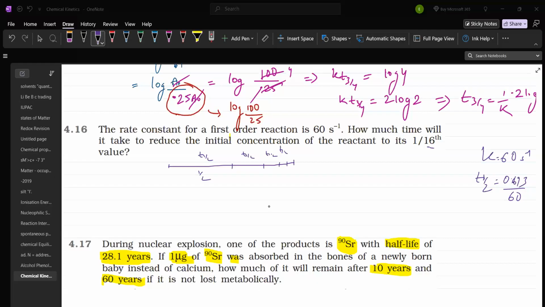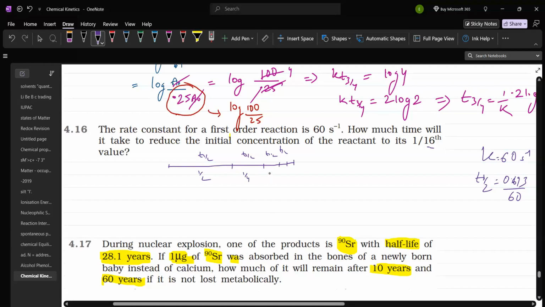Half is done. Another 1/4 is done. After that 1/8 is done, and after that 1/16th is only remaining. So you can say that if you spend 4 times the half life, we will get the answer.